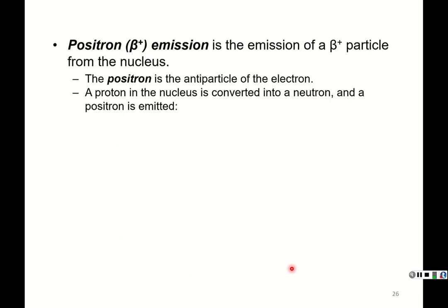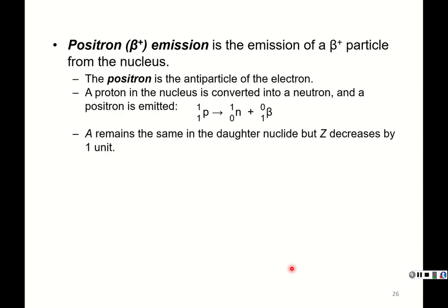You can also have what's known as positron emission. A positron is very similar to, and I should mention too, that a beta particle is essentially the same thing as an electron. Okay. Positrons now are the positive charged form of a beta particle, and it's technically the antiparticle of an electron.